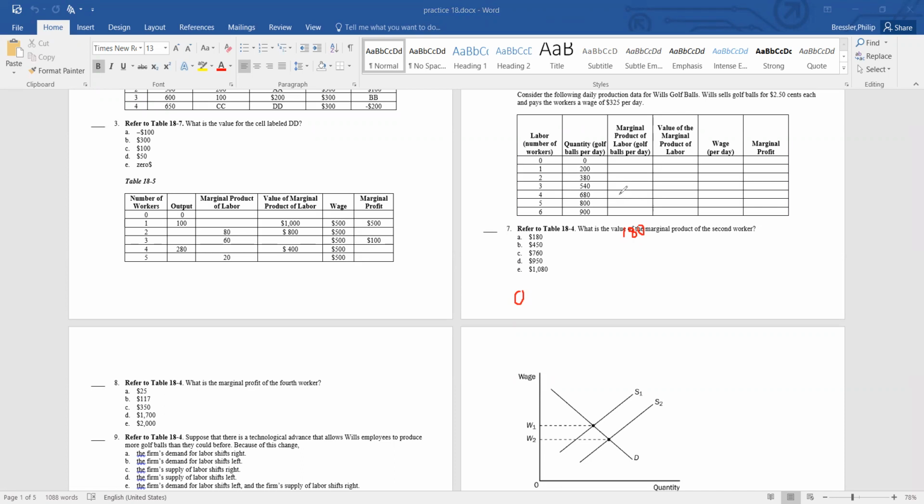So I have 140 here. And if I times that by 250, that's 350, right? And they said the wage is 325. So that's 350 minus 325. That gives me 25 as a profit. Evan, you good now with that? Did that make sense to you?